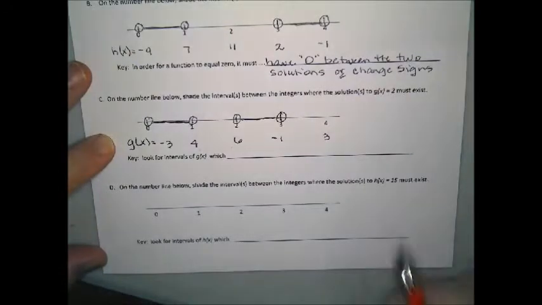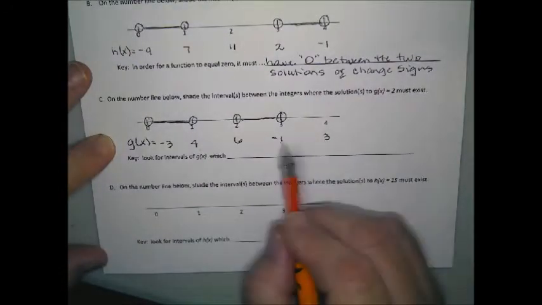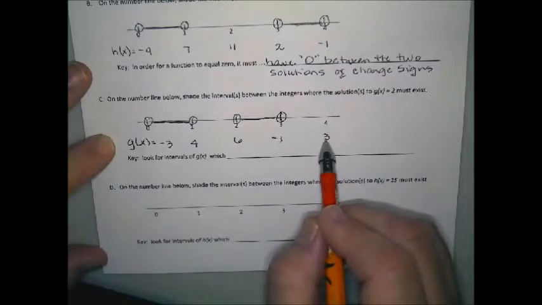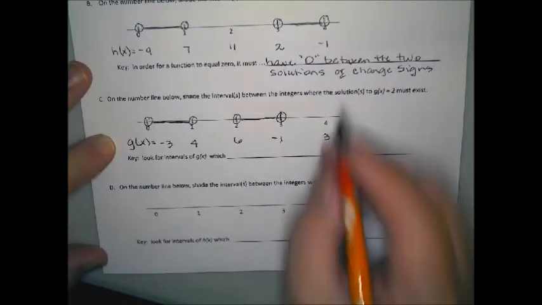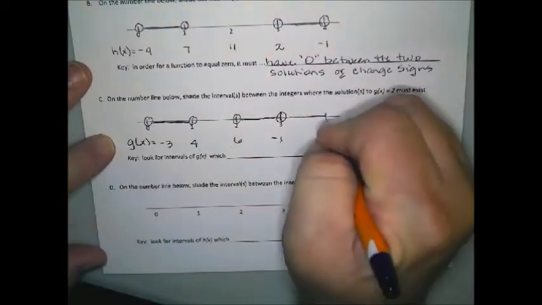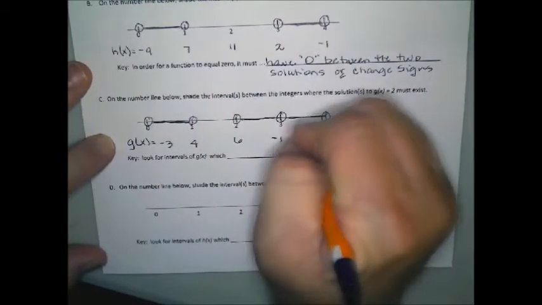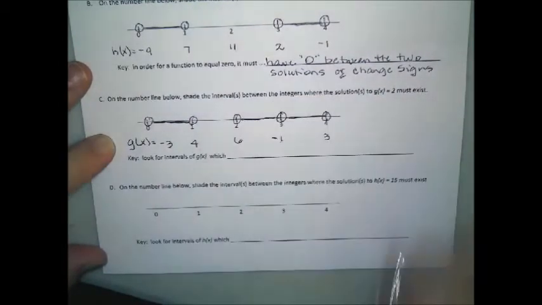And then we're back to negative 1 to 3. And yes, the value of 2 is contained between these two. So, again, it had to happen somewhere between those two integer values of x.